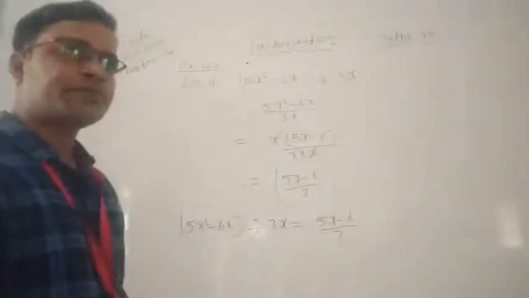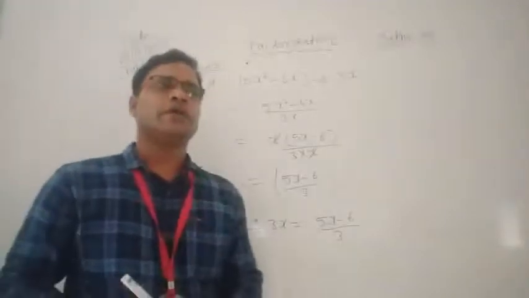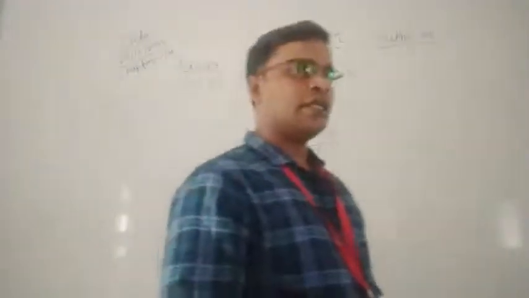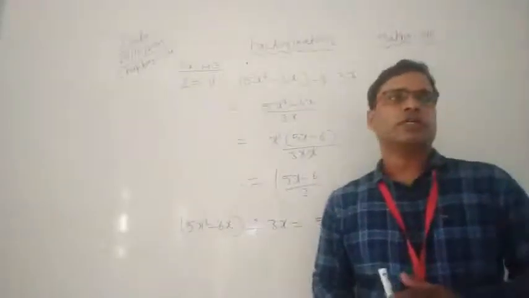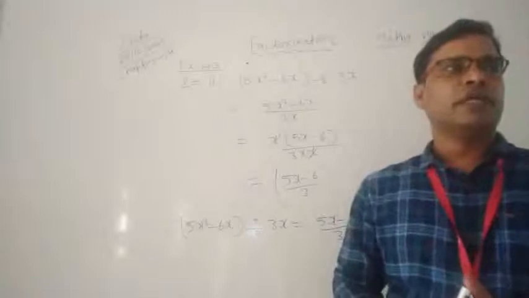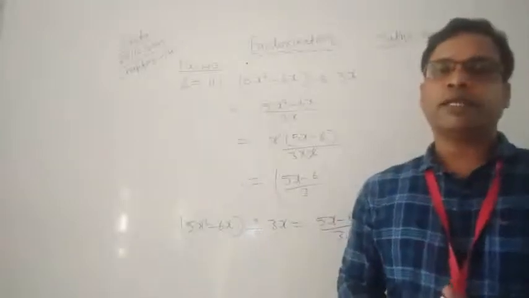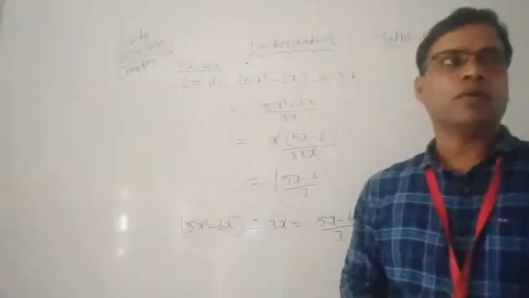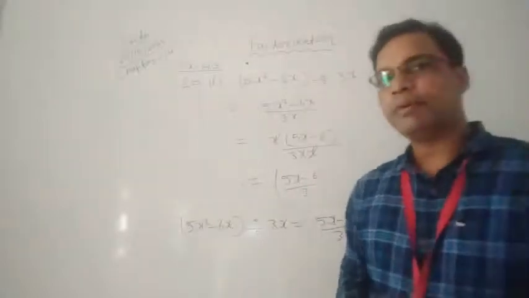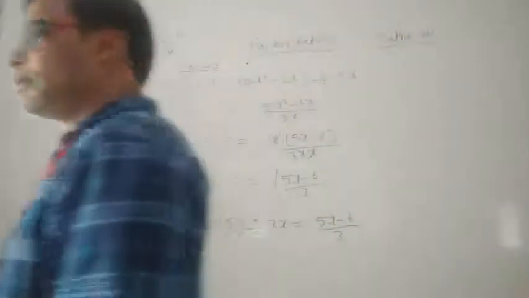Now we are going to discuss the second part of question number 2. The second part of question number 2 is 3y power 8 minus 4y power 6 plus 5y power 4 divided by y power 4.